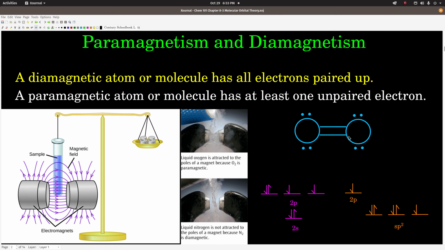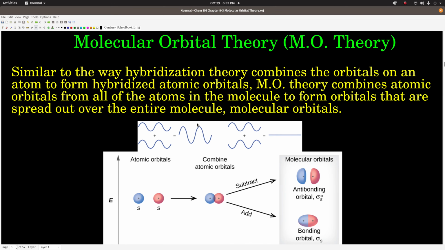Well, obviously there's something wrong with these theories because the experiment shows that it is definitely a paramagnetic molecule. So that means, guess what? We need a new theory. That's molecular orbital theory, or MO theory for short.